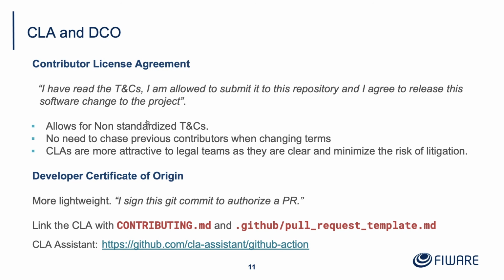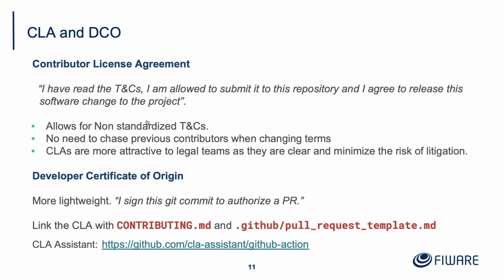So I don't need to go and chase up previous contributors if I wanted to pivot from X to Y to Z. And it is also a nice, clear legal document stating certain things in a legal manner which people have actually signed up to.